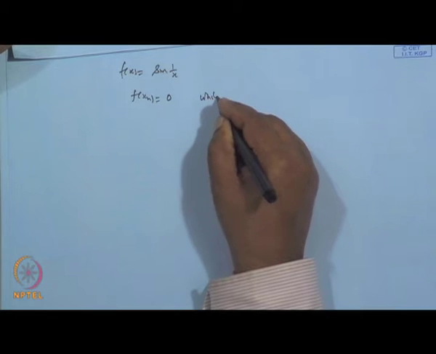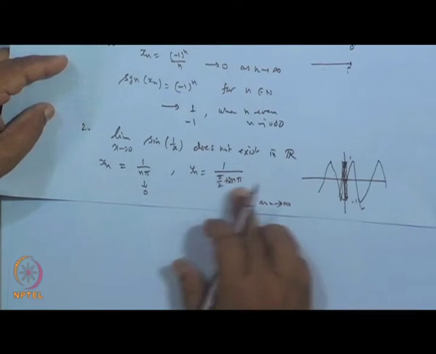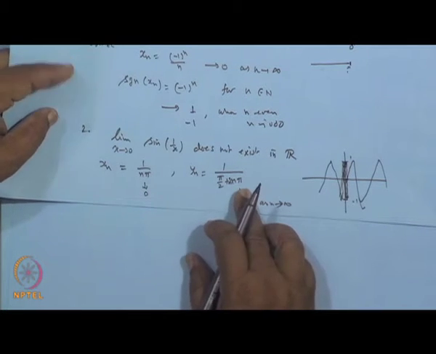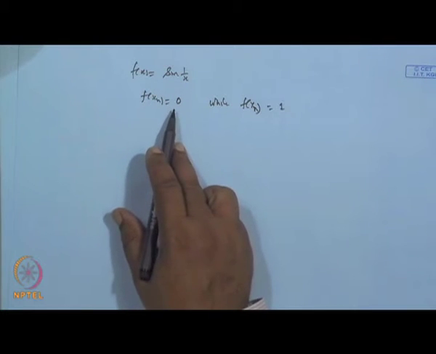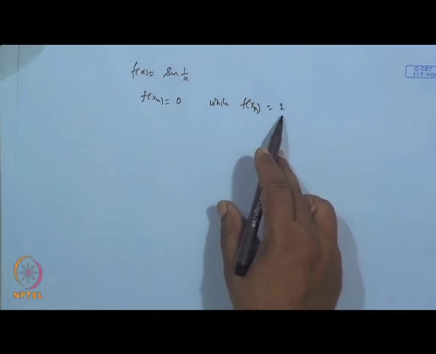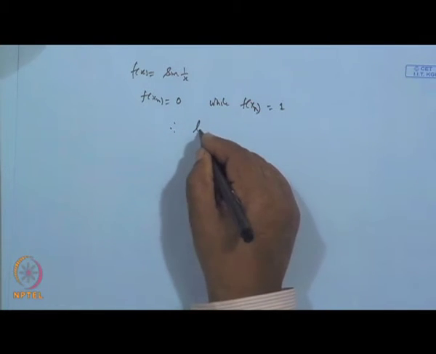While f of y n is sine of 2 n pi plus pi by 2, that is always sine pi by 2, so this will be 1. So along one sequence the limit is 0, and along another sequence the limit is 1. So it does not exist, therefore the limit of this does not exist.